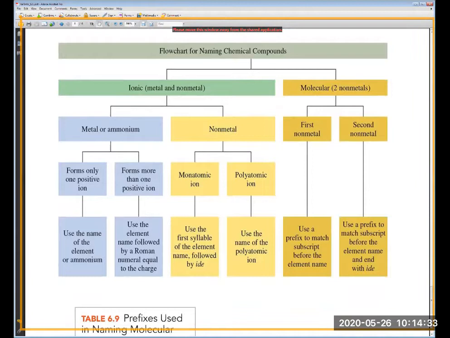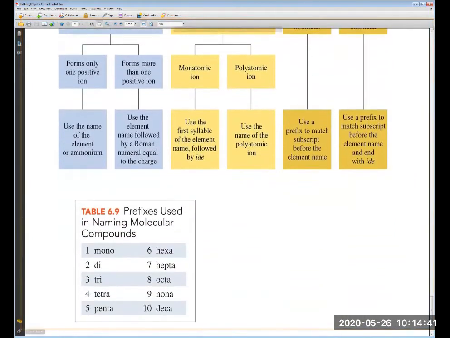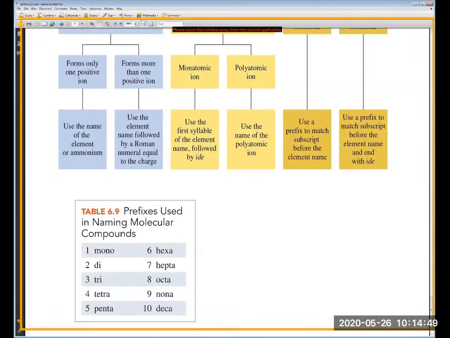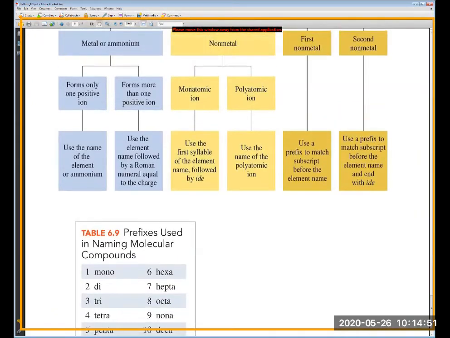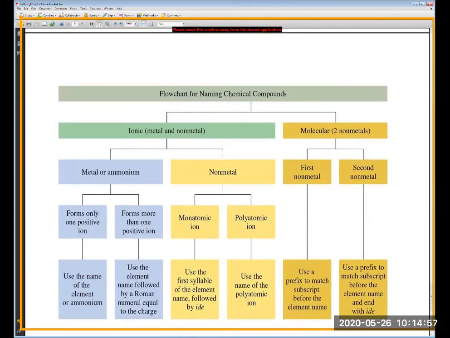You name the first nonmetal first, using a prefix for the number of atoms, using those prefixes here, depending on the number of atoms, except you don't use mono for the first nonmetal. And then the second nonmetal should have the ending of its name in -ide. So here it reminds you what molecular compounds are made of.